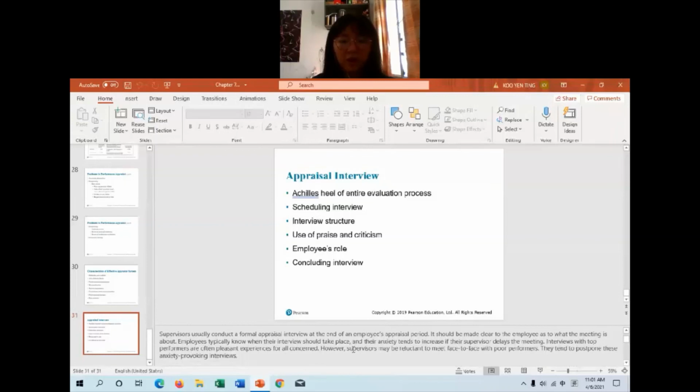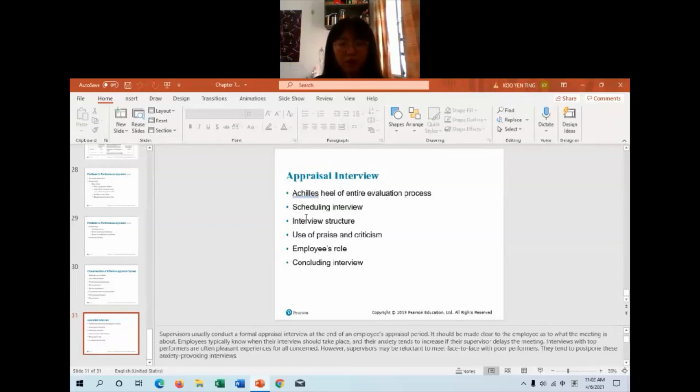Supervisors usually conduct a performance appraisal interview at the end of an employee's appraisal period. It should be made clear to the employee what the meeting is about. Employees typically know when their interview should take place, and their anxiety tends to increase if their supervisor delays the meeting.